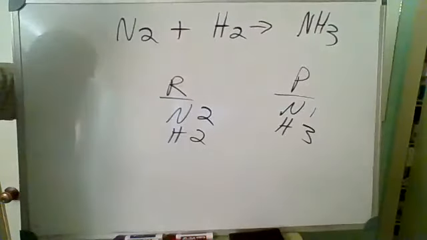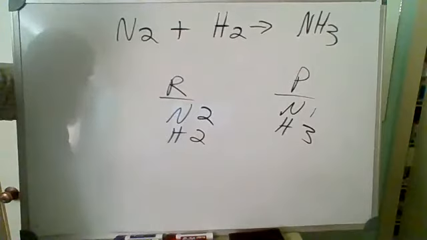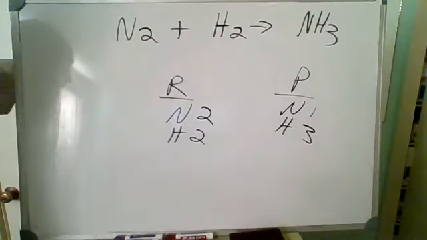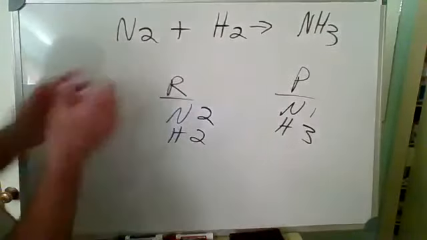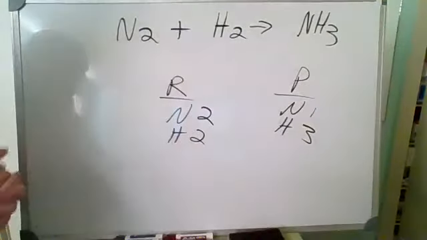A very useful thing to do when you have a situation such as this, an odd number on one side and an even number on the other side, is to ask: what's the lowest common multiple of 2 and 3? What is it?